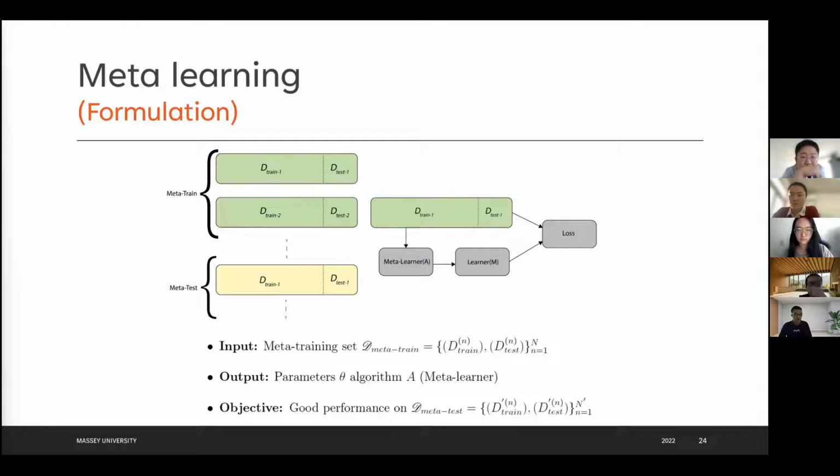It is a bit confusing. The meta train has different training sets. It's not like in usual training, where we have examples in the training set.